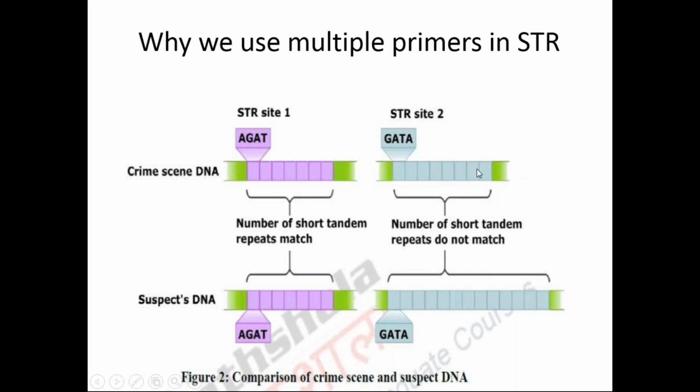But whenever we use multiple primers, we can get this type of interpretation: these regions show variation, but this STR shows identical. On the basis of this type of analysis, we can conclude that the DNA originated from the same individual.